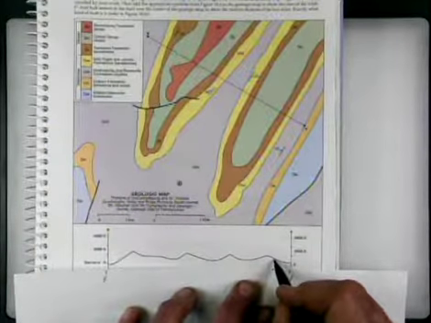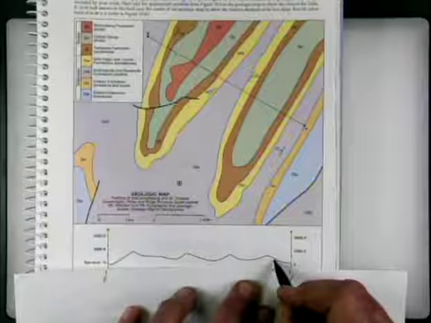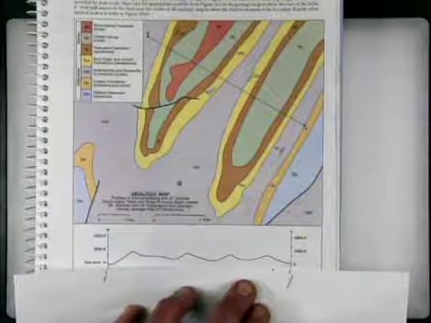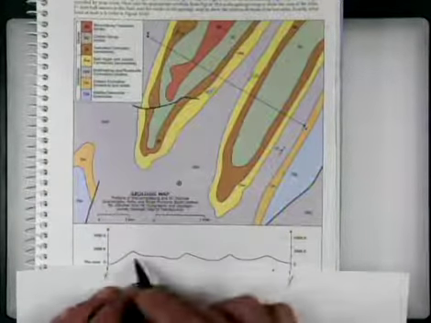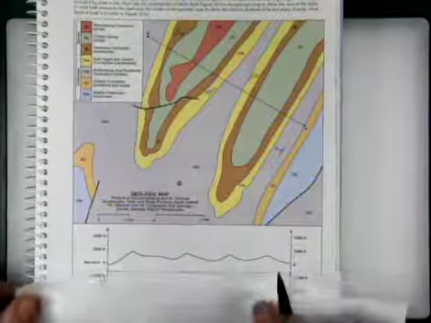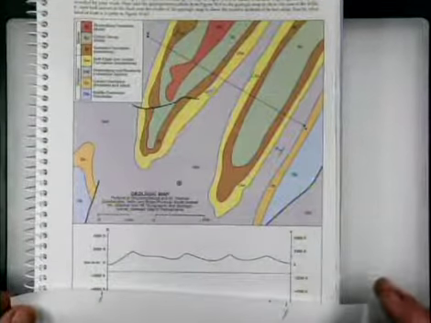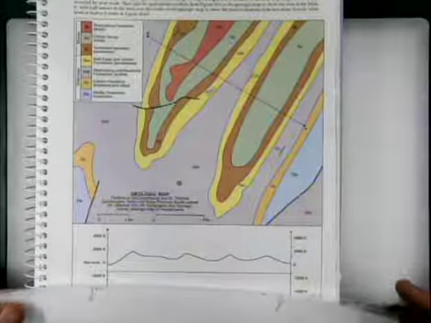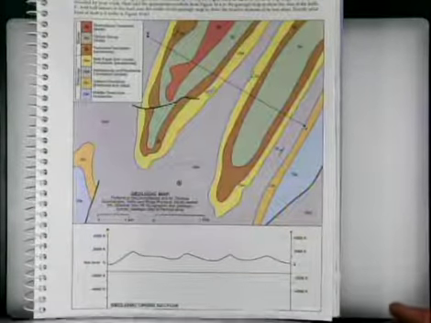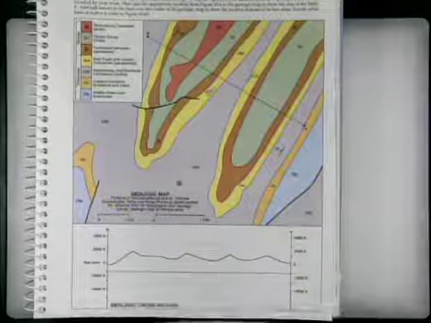If it's dipping to the east, then slope it that way. If it's dipping to the west, then slope it in that direction. Get all of your marks on this topographic profile, and then you can start connecting these lines underground so that you fully define the anticlines and synclines that are in the cross section.